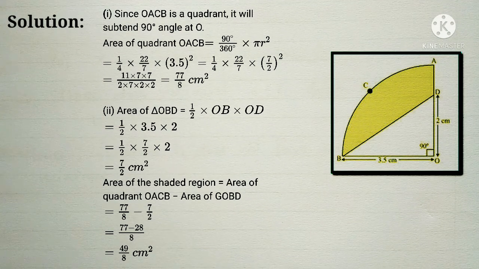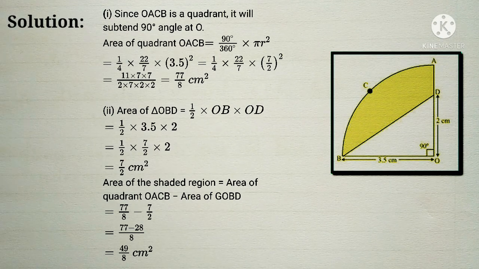Is it clear? Now that we have the area of the triangle, easily we can find the shaded portion. Very simple: the quadrant minus the area of the triangle. So area of shaded region equals area of quadrant OACB minus area of triangle OBD.